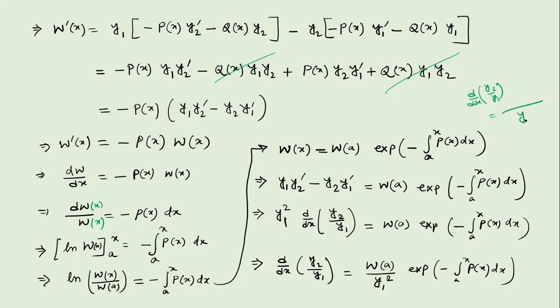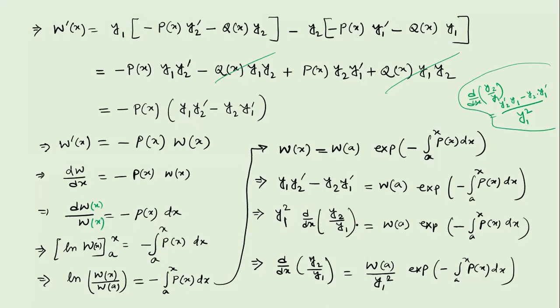That is the square of the lower one, that is y1 square, and the first derivative of the upper one into lower minus upper one into derivative of lower one, right? So this matches with that one. You can see this is nothing but y1 square into d/dx of y2 by y1.